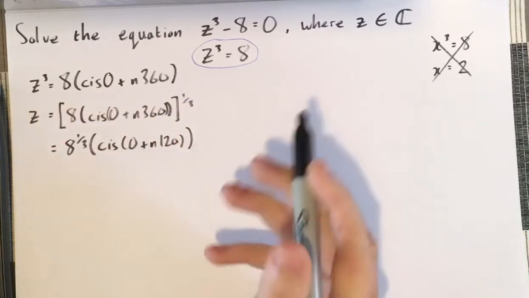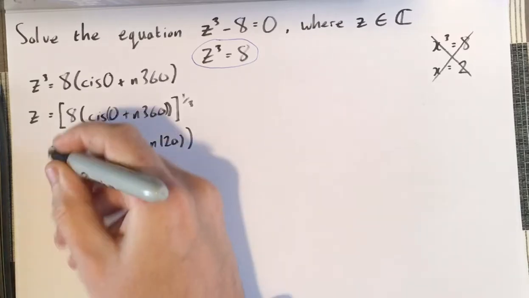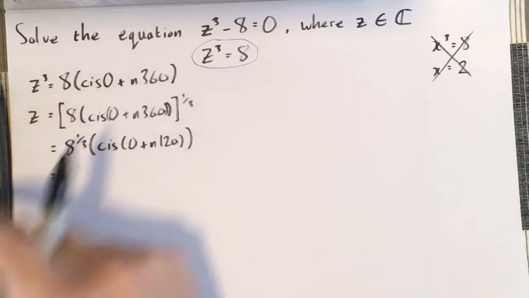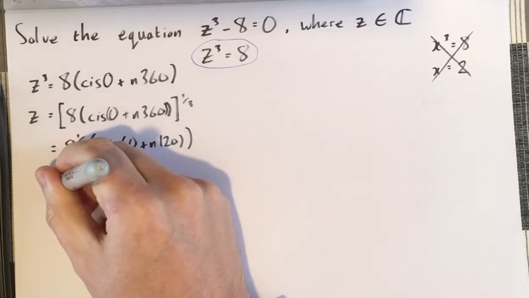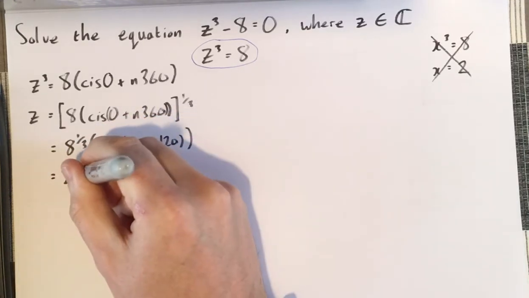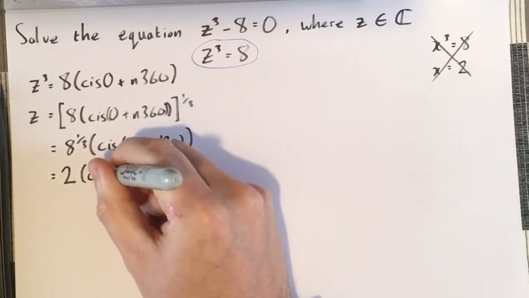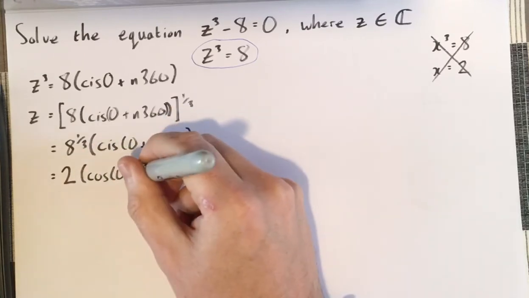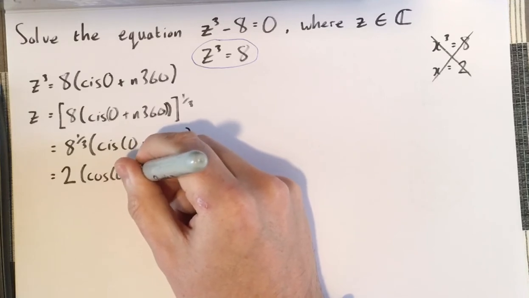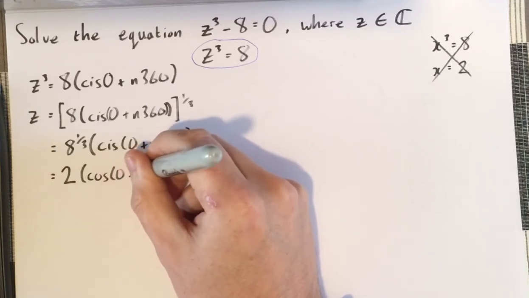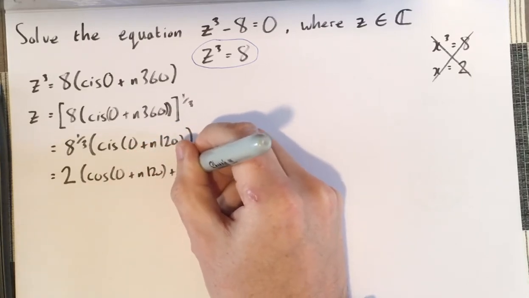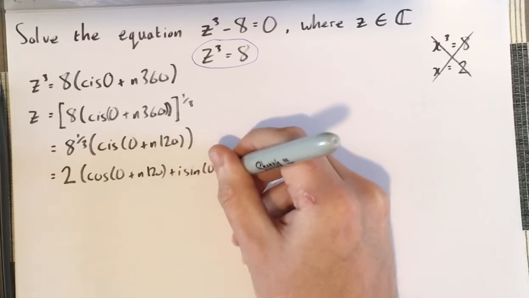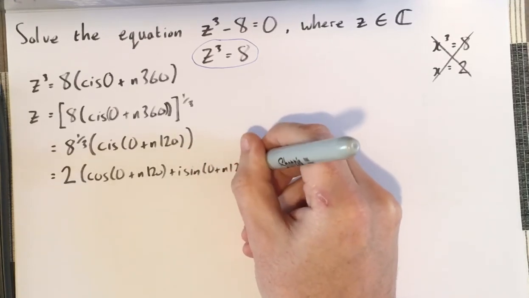Okay, so let me write it out in full now rather than using that abbreviation. 8 to the power of a third is 2. So 2 times the cos of 0 plus n times 120, plus i sine of 0 plus n times 120.